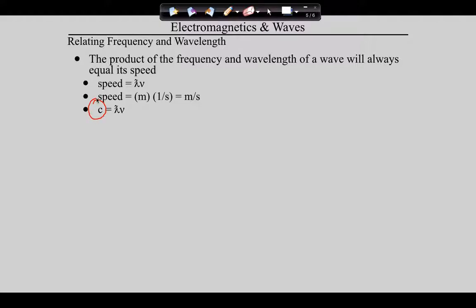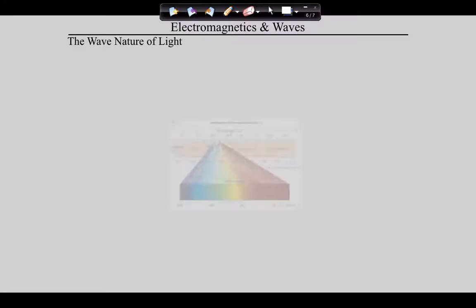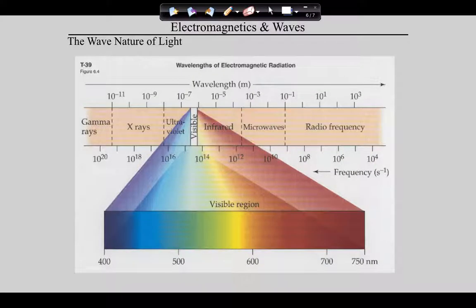This is a constant. So if this is a constant, what happens if the wavelength of light goes up? Its frequency goes down, and vice versa. But guys, that is exactly what we established in this slide. If we've got high frequency light, what's true of its wavelength?